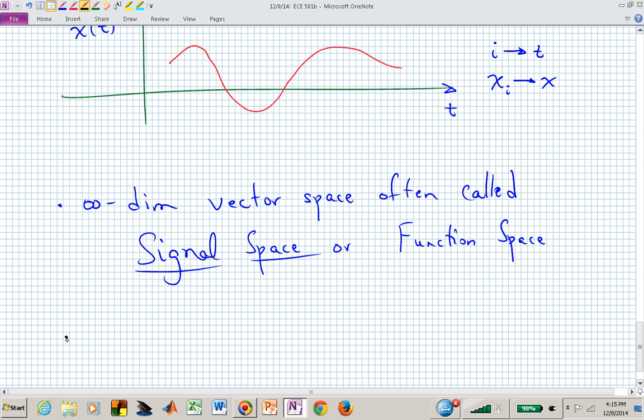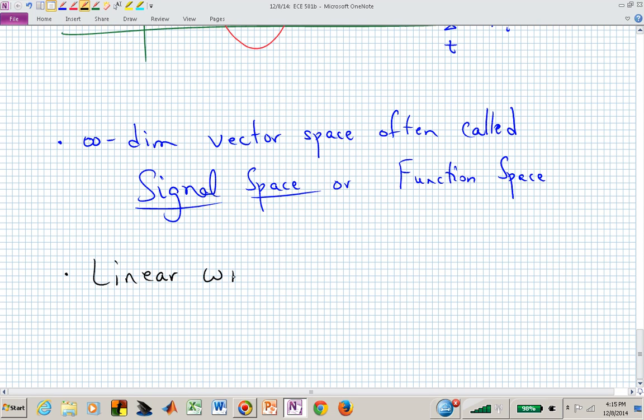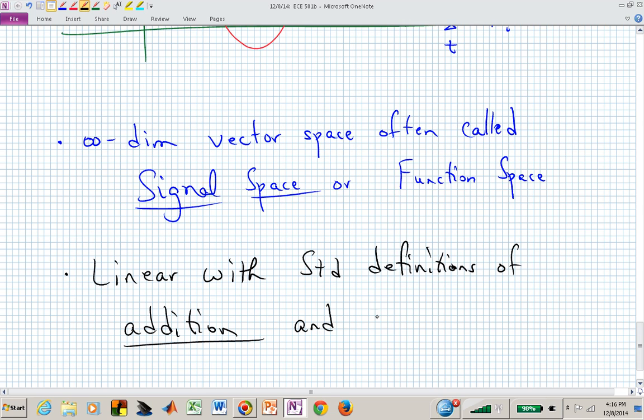And once we have this new idea, this infinite dimensional object, we can actually perform our familiar operations on it. We can do some linear operations, with standard definitions of addition and scalar multiplication.